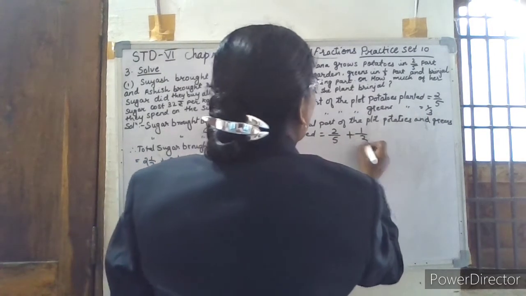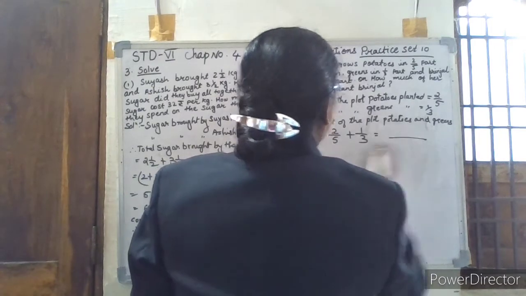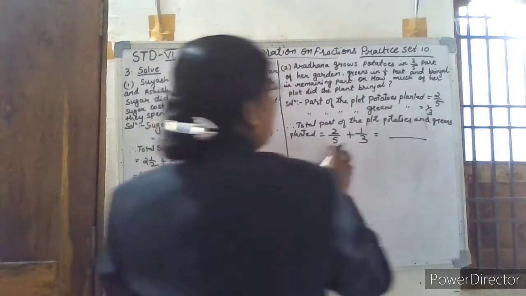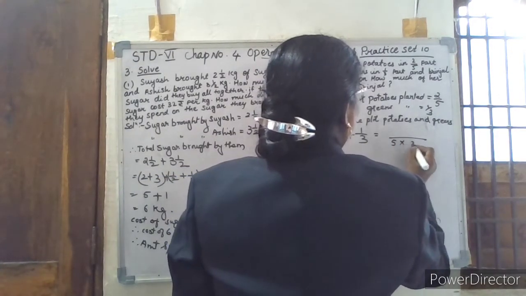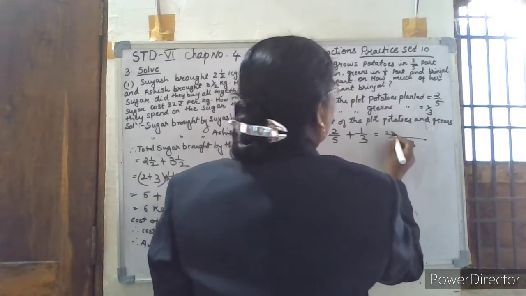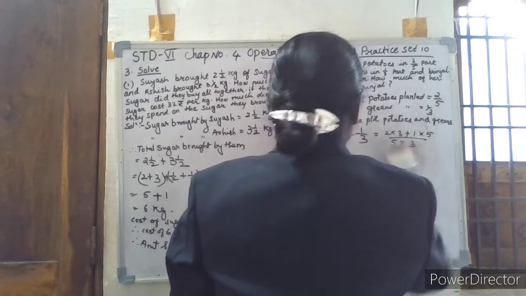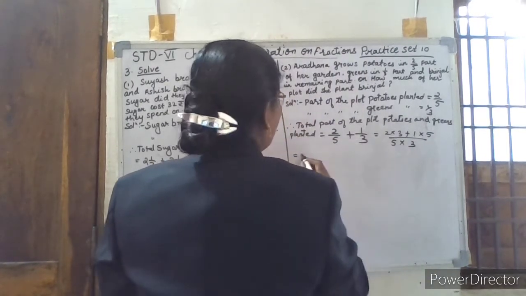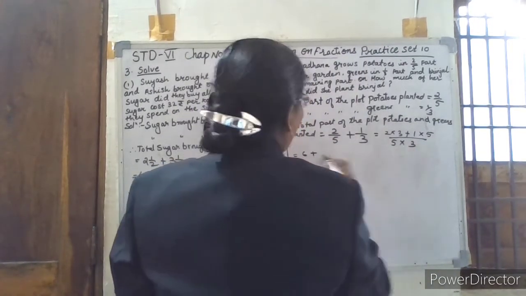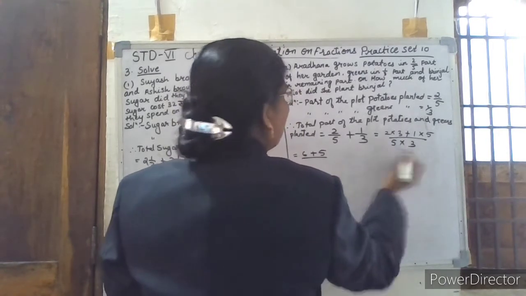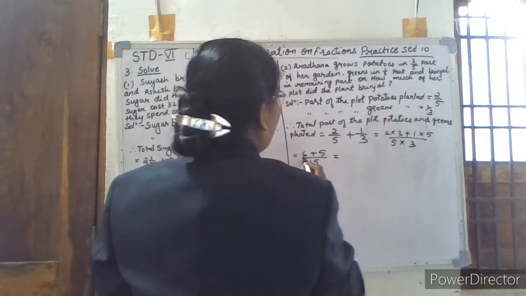We can do this by cross multiplication. 5 into 3, then cross multiply 2 into 3 plus 1 into 5. So this is equal to 2 threes are 6, 6 plus 1 five is 5, upon 3 fives are 15. That is equal to 11 by 15.